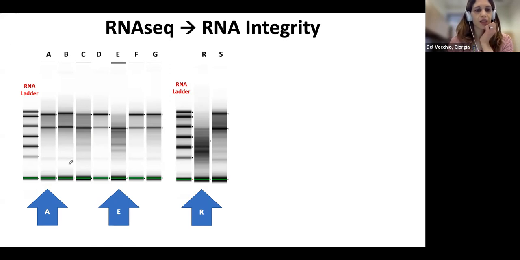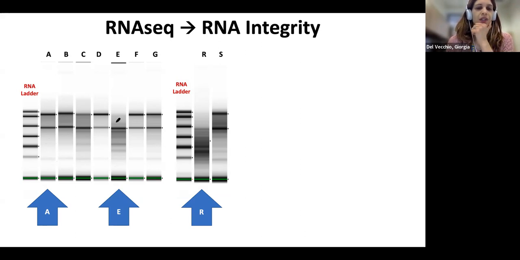So we have here, for example, sample A. We can see two nice bands here. So if you have ever run RNA on an agarose gel, you already know that's what it looks like. When you run the RNA on the agarose gel, you will see two bands, okay?